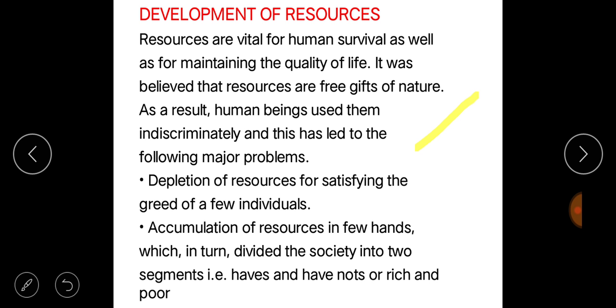As a result, human beings are indiscriminately using them, creating major problems for the environment. The unjudicious use of these resources is creating a major problem, that is, the depletion of resources, for satisfying the greed of some individuals.